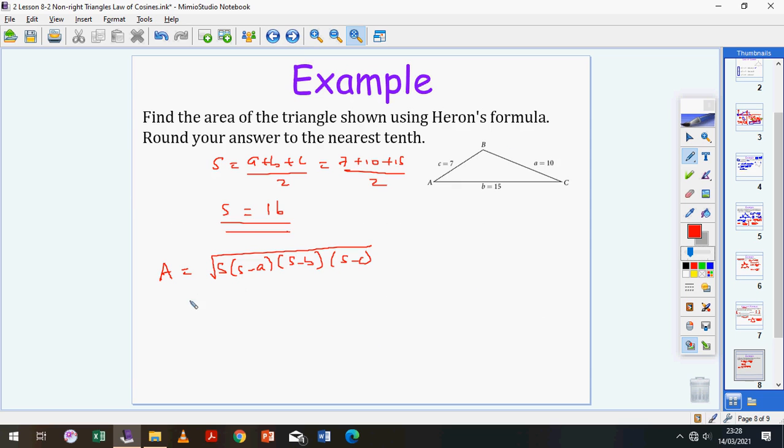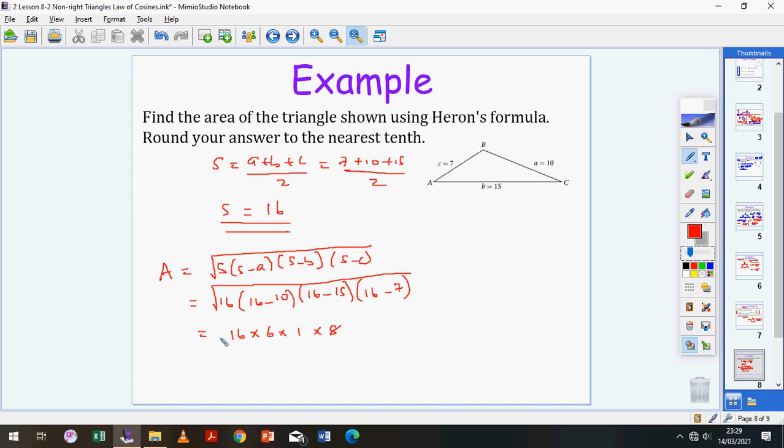So it will be 16 into 16 minus 7. Sorry, I started with C. 16 minus 10, go in order. 16 minus 15 and 16 minus 7. So obviously you can see that the semi-perimeter is always bigger than any of the three sides. So if I simplify this, that's 16 times 6 times 1 times, this is 8.